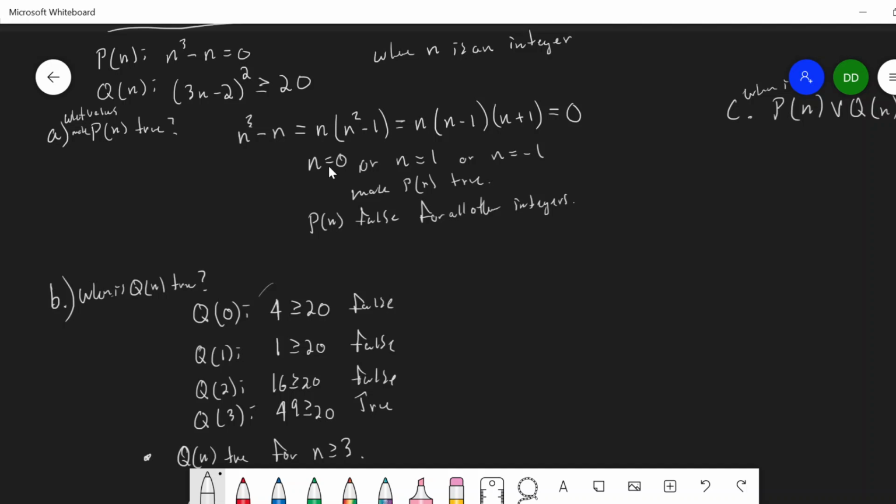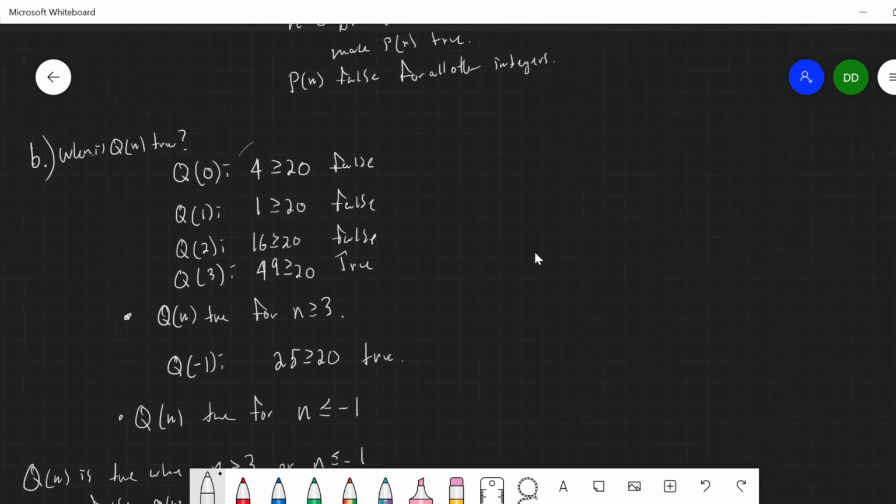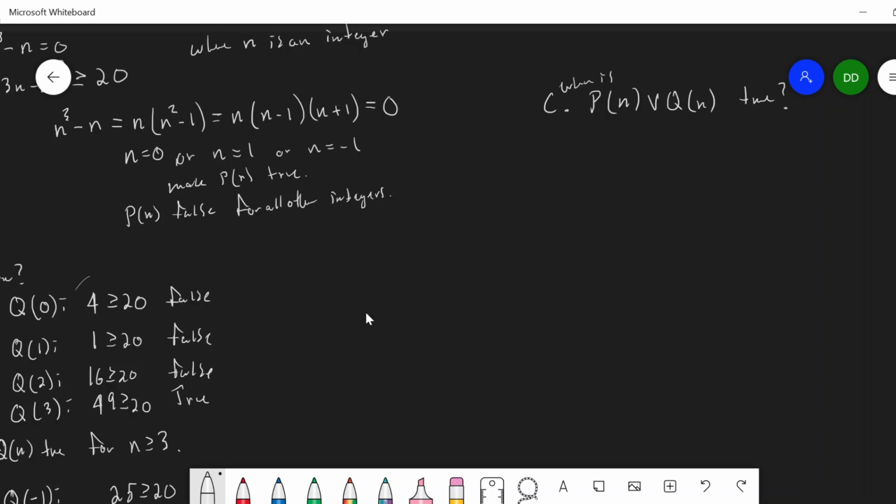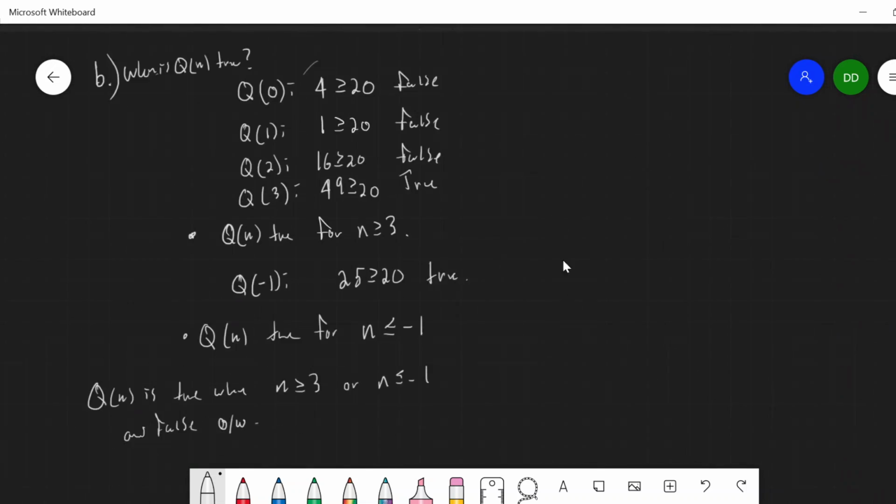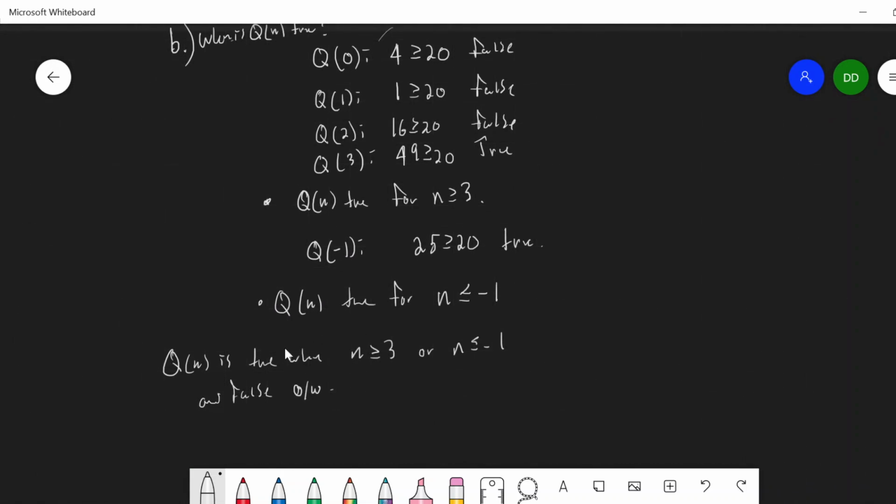So let's see, P of n was true for 0, 1, -1. So that'll make this statement true, 0, 1, and -1. And then Q of n was true for n greater than or equal to 3 and n less than or equal to -1. So that's going to cover a lot of possibilities.